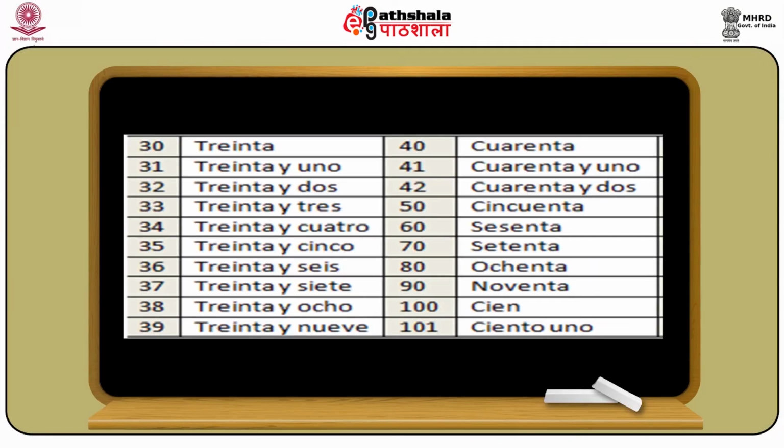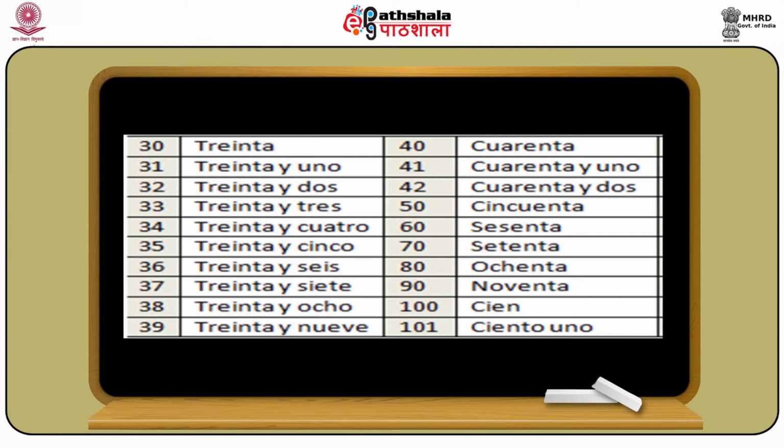After 30, we just add the number 1, 2, etc. by putting y. For example, 31 is treinta y uno, 32, then 33, 34, 35, 36, 37, 38, 39, and 40 is cuarenta.